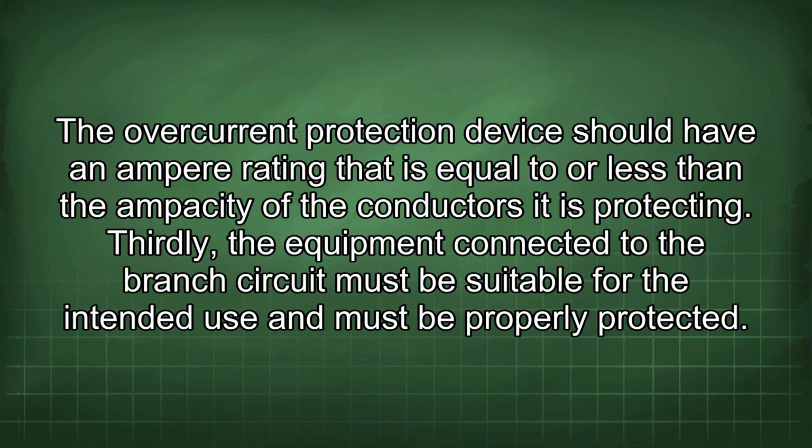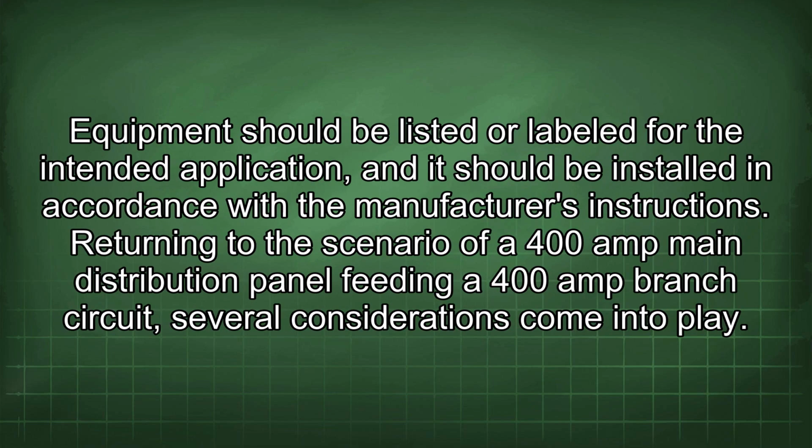The overcurrent protection device should have an ampere rating that is equal to or less than the ampacity of the conductors it is protecting. Thirdly, the equipment connected to the branch circuit must be suitable for the intended use and must be properly protected. Equipment should be listed or labeled for the intended application, and it should be installed in accordance with the manufacturer's instructions.